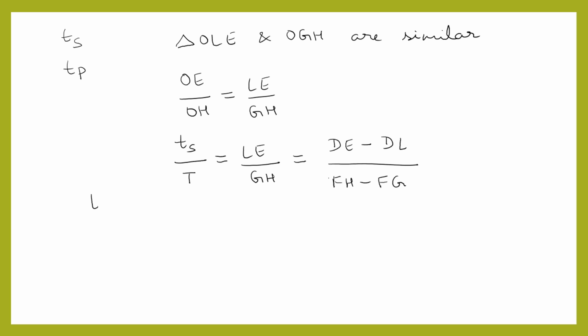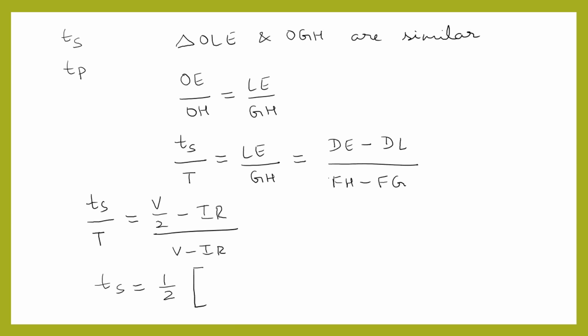So we have Ts by T equal to (V/2 minus IR) by (V minus IR). So Ts equals half into (V minus 2IR) by (V minus IR) into T.